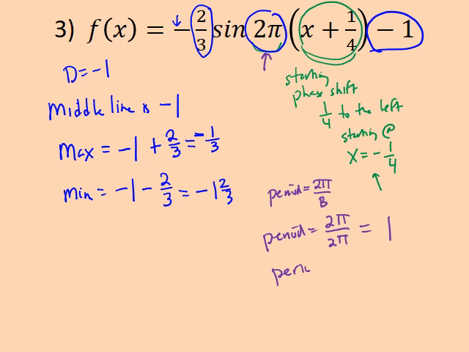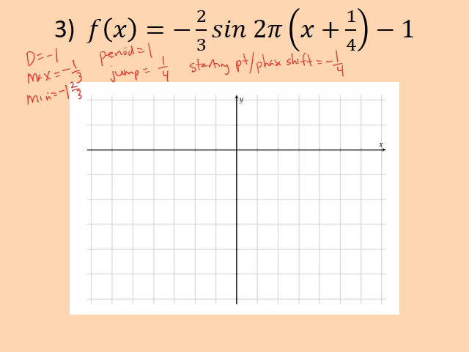So our period is 1, which means our jump is our period, 1, times 1/4. So our jump is just 1/4. This is nice. Our jump is 1/4, and our phase shift is -1/4. So that will make our x scale fairly straightforward. We have our key information, and we can now put it on a graph.